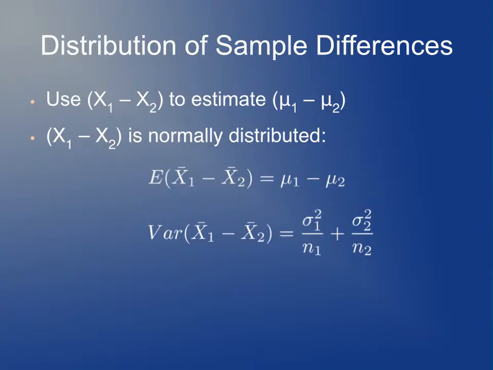And the variance of x1 bar minus x2 bar will be sigma1 squared over n1 plus sigma2 squared over n2. I'll note in passing, when you do this two-sample test, you'll almost always want to test the null hypothesis that mu1 equals mu2, in which case mu1 minus mu2 will be equal to 0.